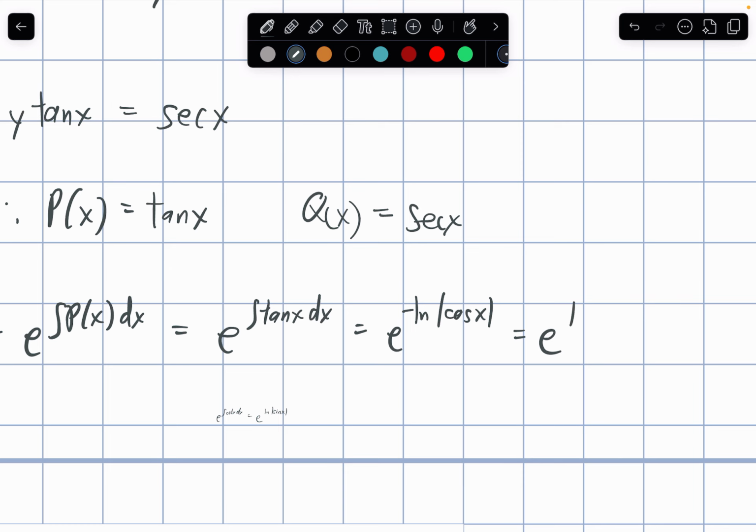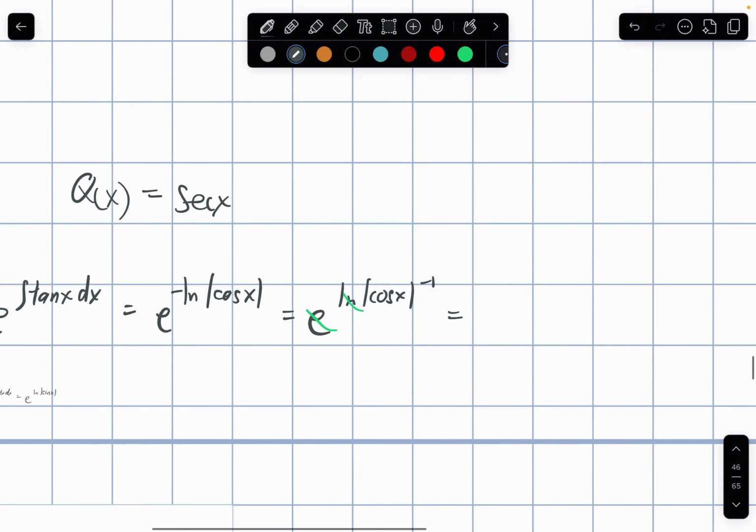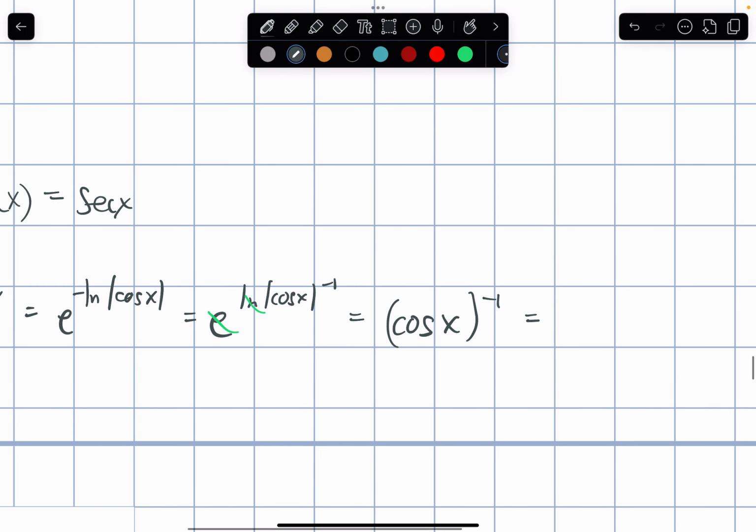So we can bring the negative sign to the exponential position, then we can cancel. So we have 1 over cosine x raised to negative 1.